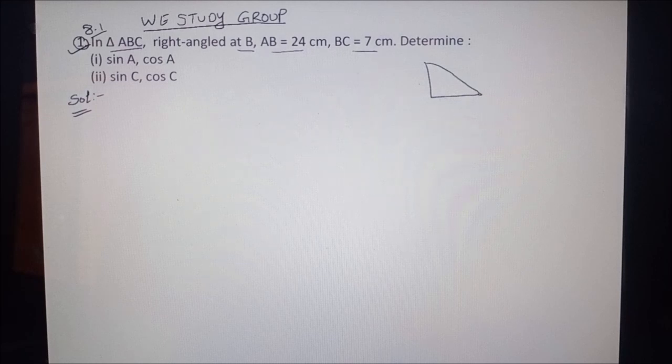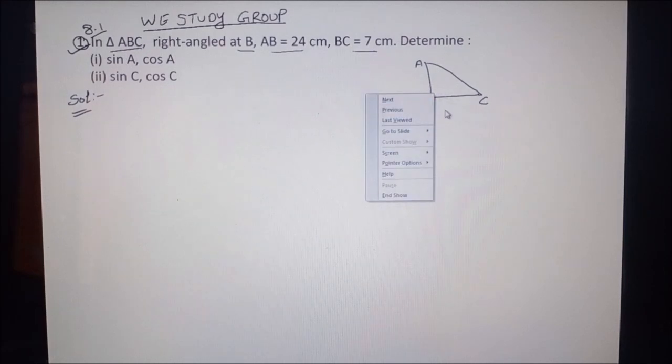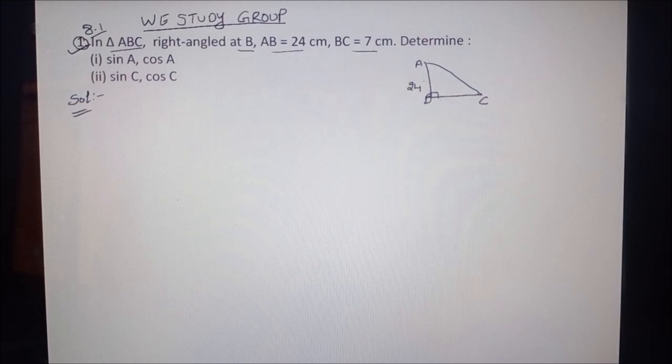The right angle is given at B, so it's the B point, it's the A point, and it's the C point. We are given AB is equal to 24 centimeter, BC is equal to 7 centimeter.